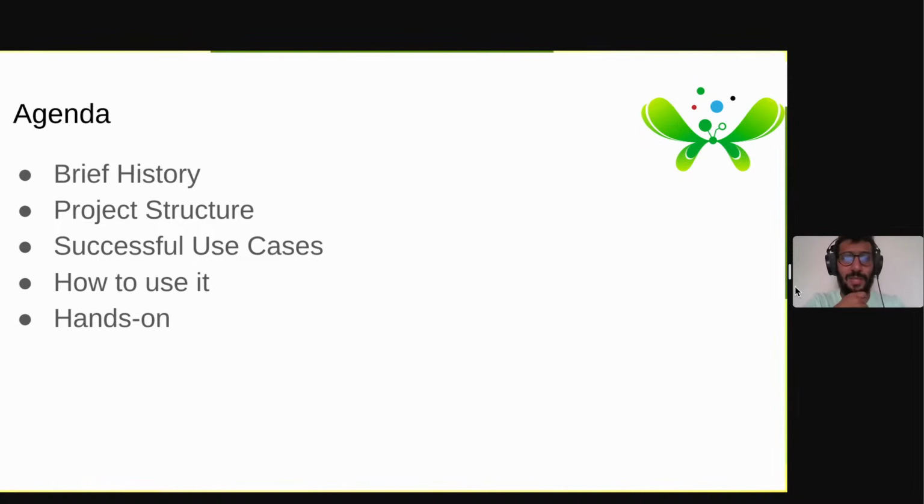We will also discuss a little bit how it is structured. We will show some successful use cases for this project. We'll demonstrate how to use it and show some options. We have several options on how to use it to develop smart contracts on your blockchain. And finally, we'll do some hands-on.